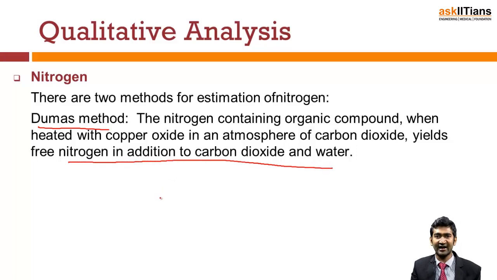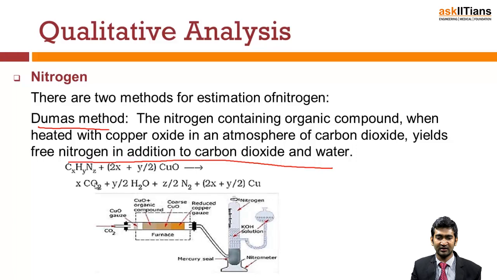The reaction is like this: any hydrocarbon which contains nitrogen, when it reacts with CuO, gives me CO2, H2O and N2. We now detect this N2 by the method of displacement of water.